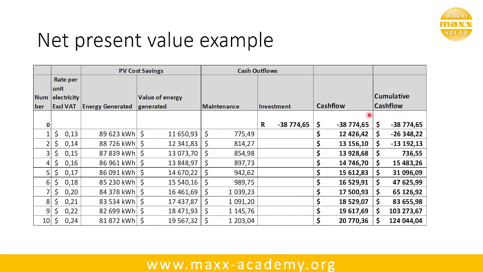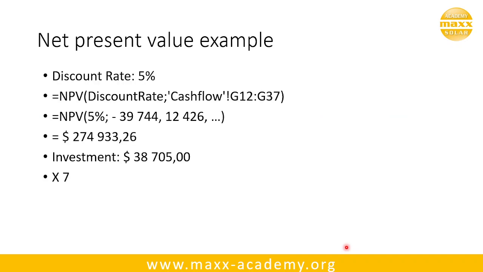We basically just take all these cash flows and enter them into our net present value formula at the specific discount rate. Let's take a discount rate of 5%. Each firm will have a different rate at which they are able to obtain capital from the bank.